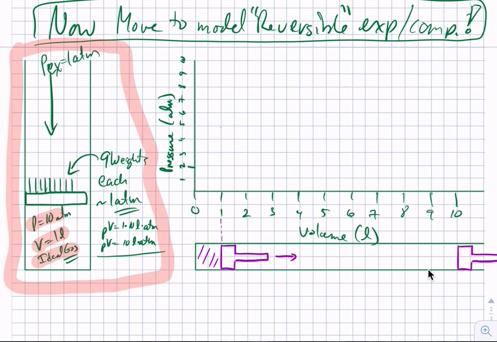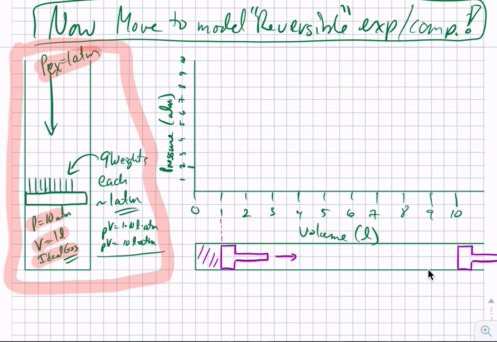And then imagine the external pressure on this system is 1 atmosphere, but then we have 9 weights on this piston. Each weight is the equivalent of 1 atmosphere of pressure. So in other words, that piston will be in equilibrium with the pressure inside, so there's 10 atmospheres pushing down, 10 atmospheres pushing up. The piston's not going to go anywhere.